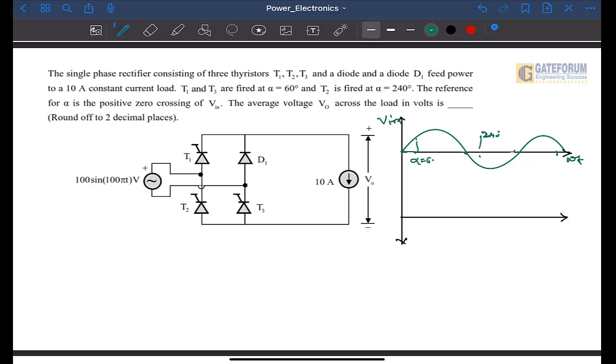Okay, and this is the pi, and this is the 2 pi. This is V out.